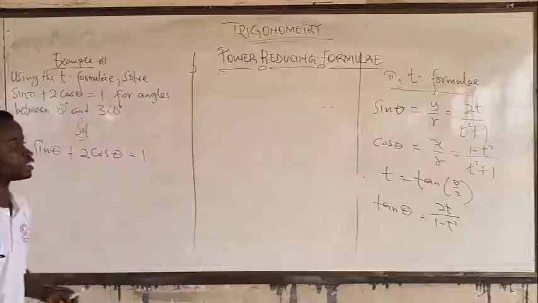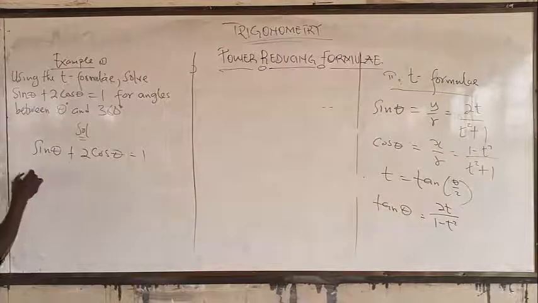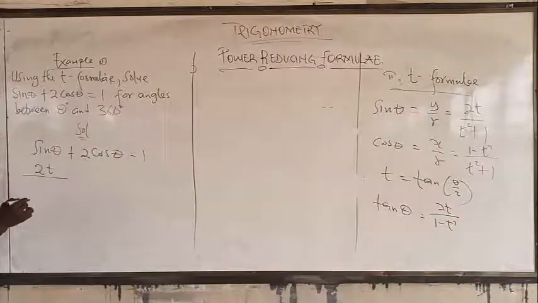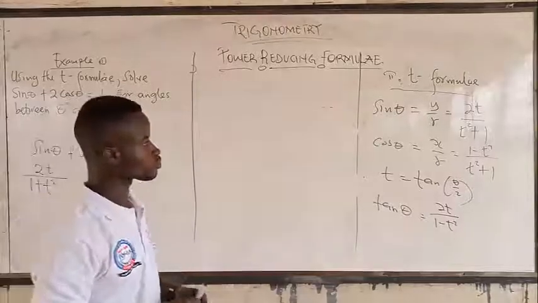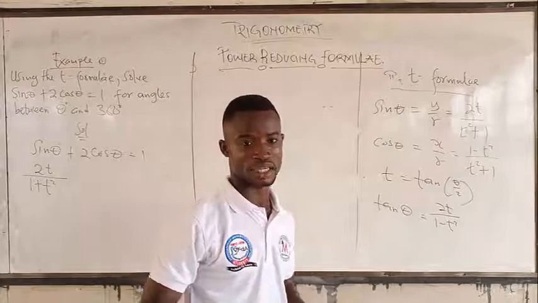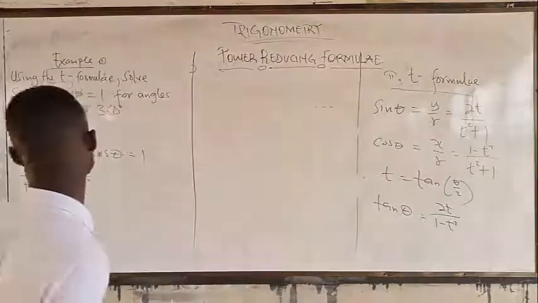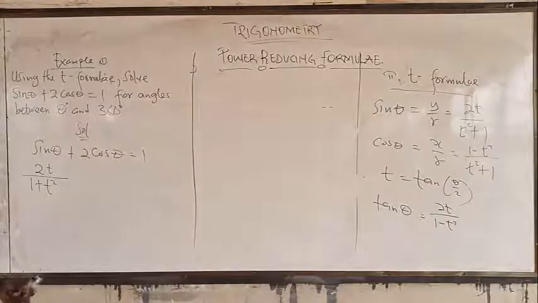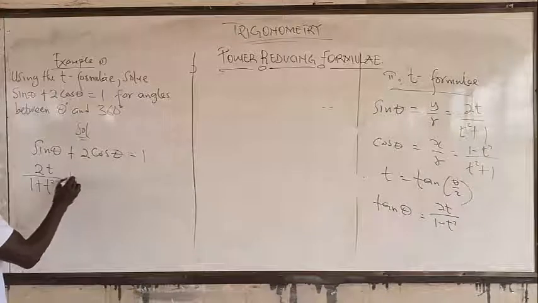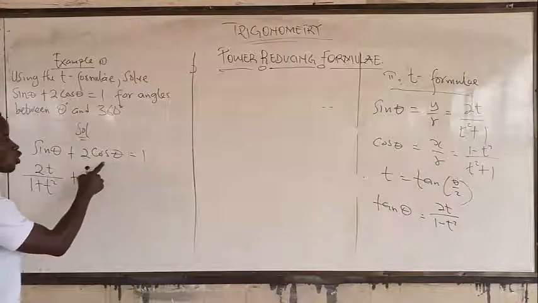You know sine theta to be 2t over 1 plus t squared, or t squared plus 1. They are the same. Plus 2 multiplying cos.